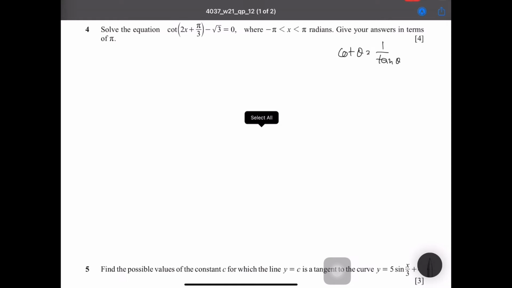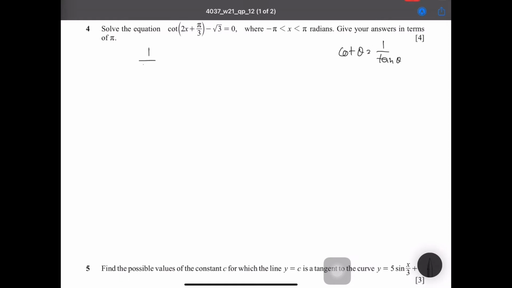So we can write 1 by tan of 2x plus pi by 3 equals root 3. Now if we simplify, it's becoming tan of 2x plus pi by 3 equals 1 by root 3.